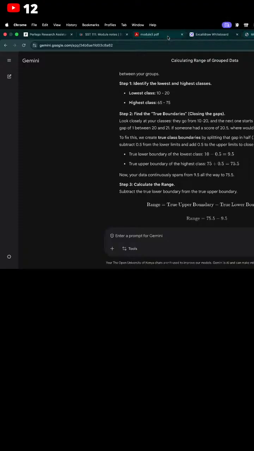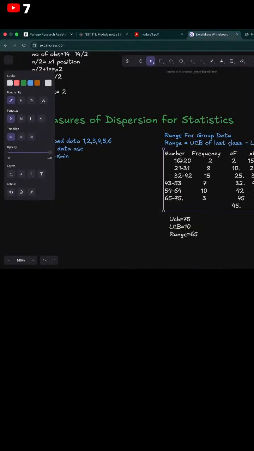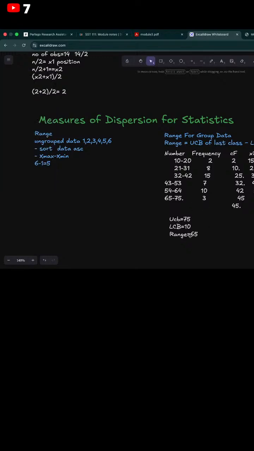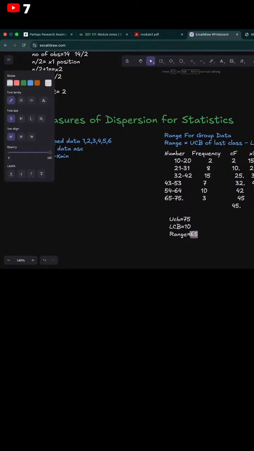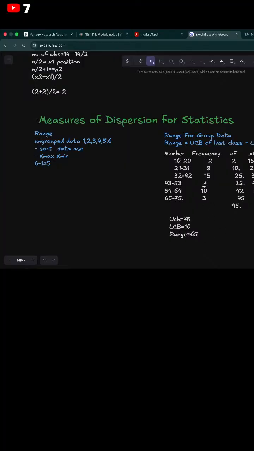Then you also identify in your data set if there are gaps. For example, here you can see 10 and 21, there is a gap of 1. But if we had 20 here and also 20 there, our range could be 65. But now, because there is a gap, you must take this gap into consideration.